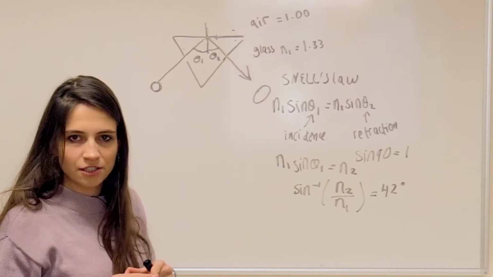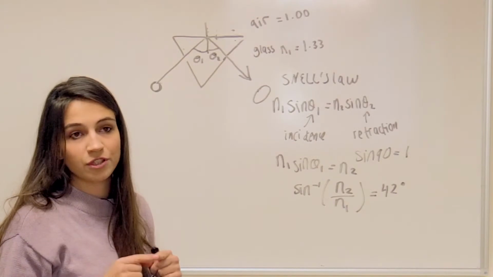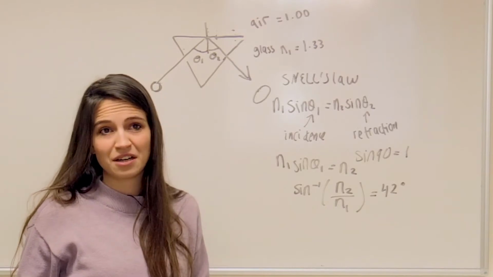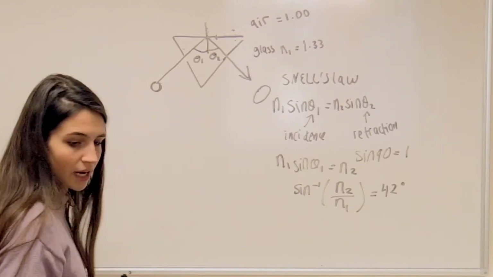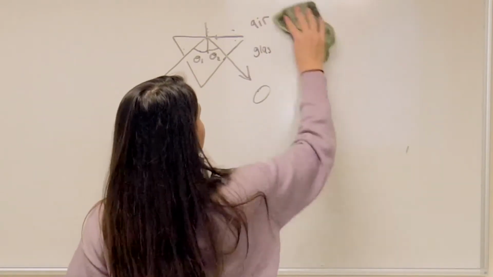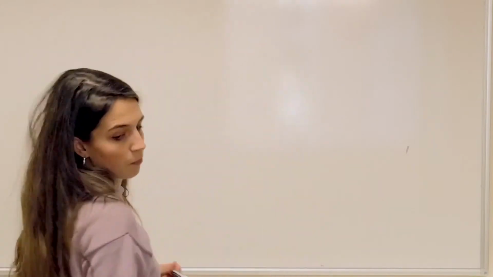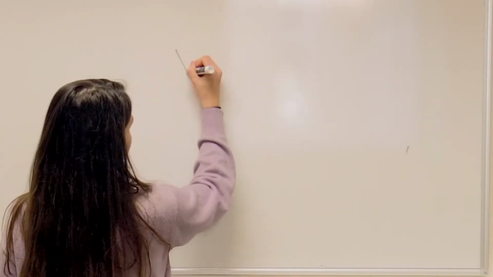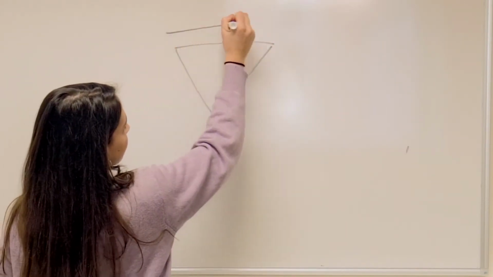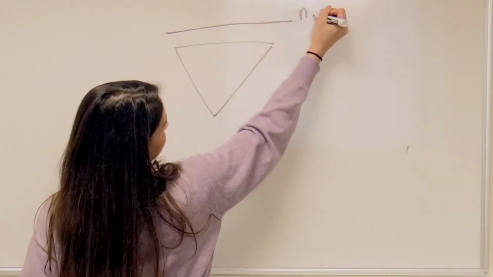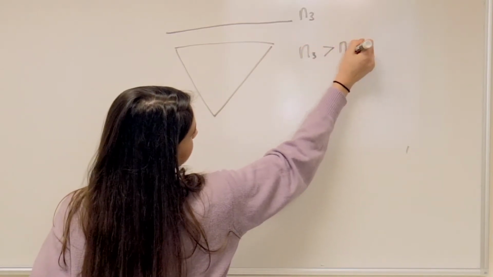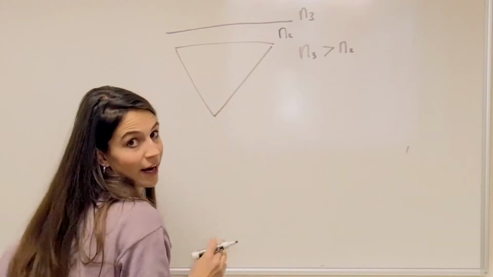We do need to add an additional concept in, which is called frustrated internal reflection, which is quite misleading because it's not really a reflection at all. I'm just going to clear some of this space on the board. With frustrated internal reflection, imagine you have the same setup as before, but now we put a third material in here, and this material has a refractive index N3, and N3 is larger than N2, where you remember that N2 was the refractive index of air.